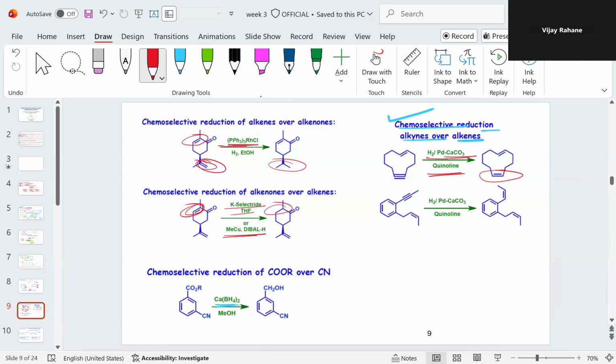And there is one more point regarding the stereochemistry: a stereoselective reaction occurs here.